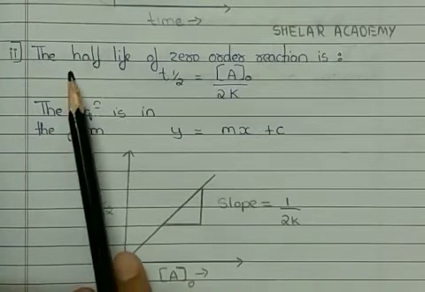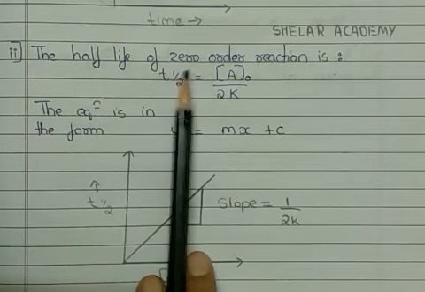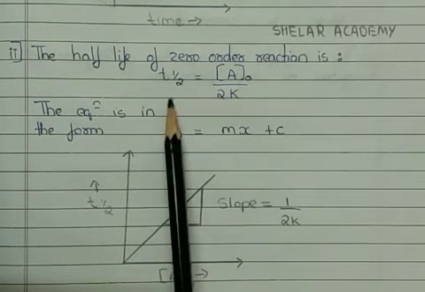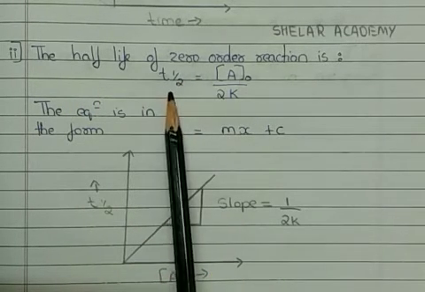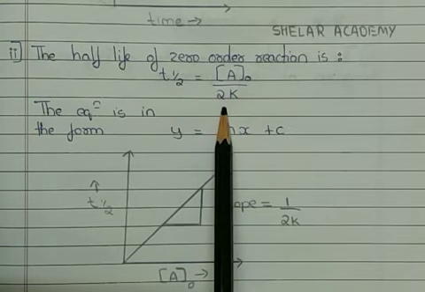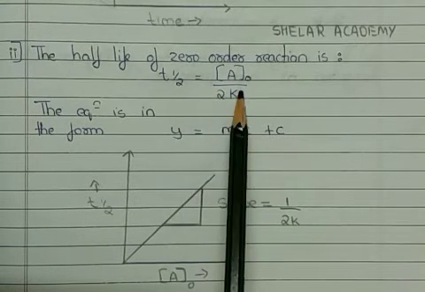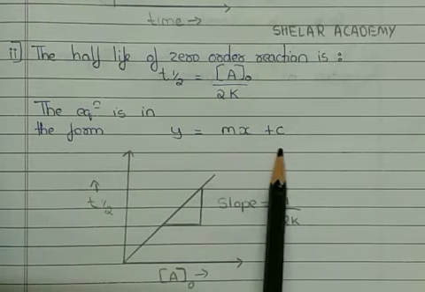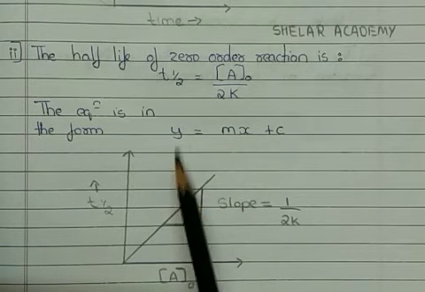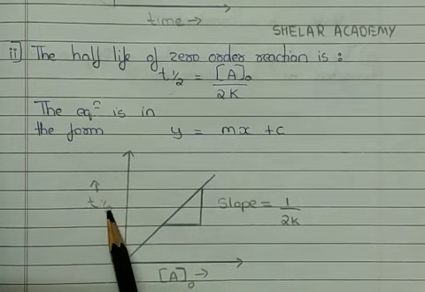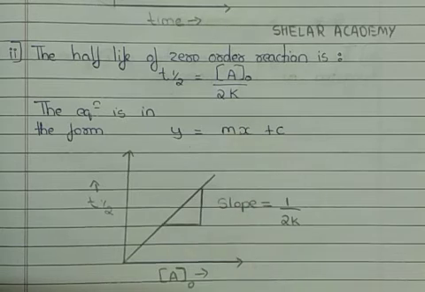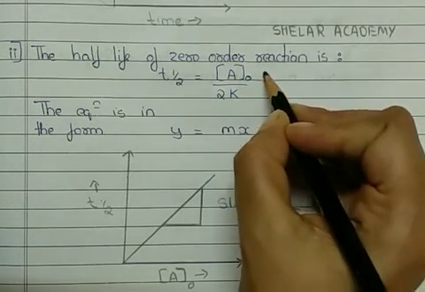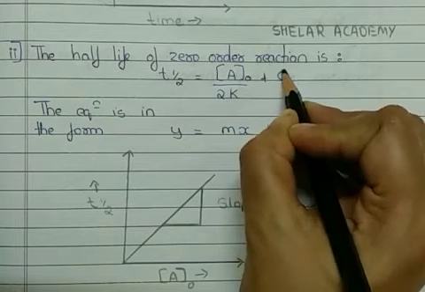The second graph we have is for half-life of zero order reaction. Now our half-life formula is T half equals A naught upon 2K. This equation we write in the form of a straight line equation, y equals mx plus c. So you could see our y-axis is half-life, x-axis is A naught, and the intercept value comes to be 0.